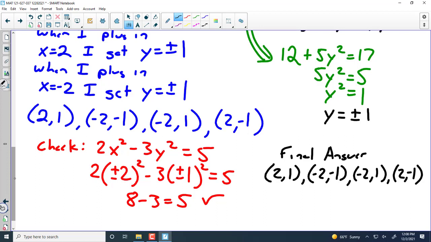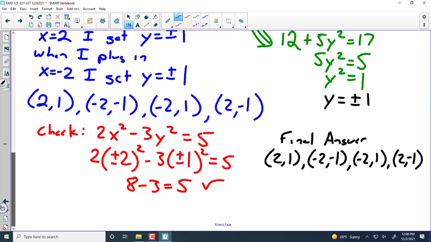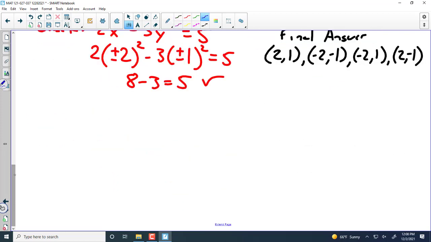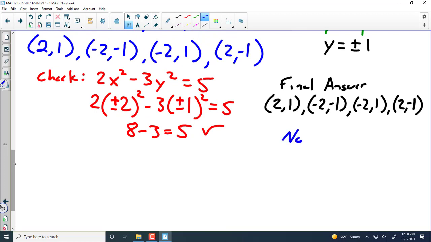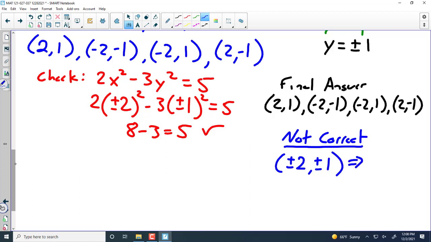now, before anyone makes a mistake on the test, which will not cost you a ton of points, but would cost you 1 or 2 points, let me make something very clear. This is not correct. The reason that is not correct is not because I'm a jerk and I don't want you to use shorthand.